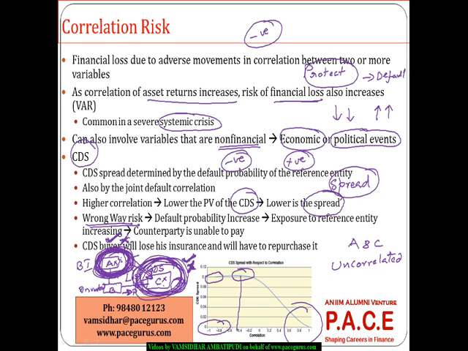That is where I am calling it wrong way risk. The instrument that I have taken in order to protect myself against a defaulting reference entity, that protection itself is defaulting and creating a loss for me. That's the reason I am calling it wrong way risk. And so correlation is really playing an important role even in wrong way risk, right?